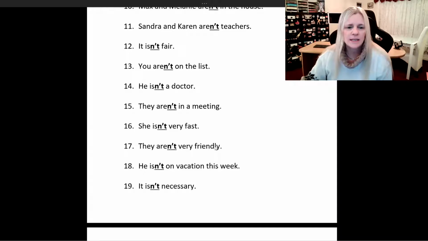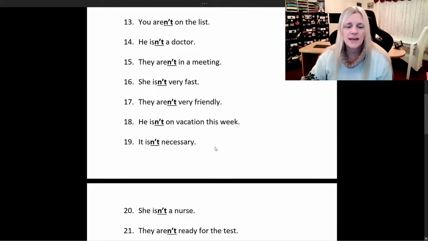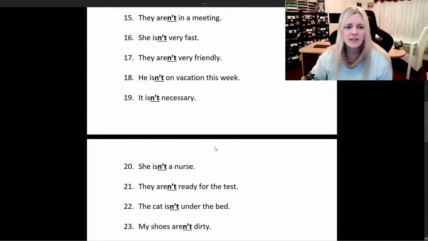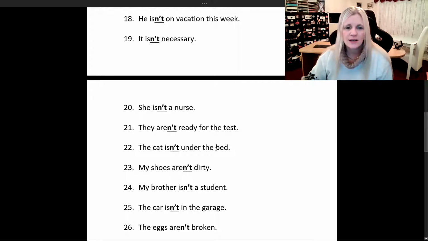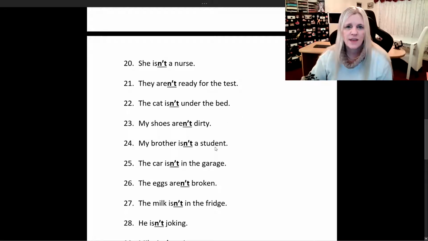They aren't very friendly. He isn't on vacation this week. It isn't necessary. She isn't a nurse. They aren't ready for the test.